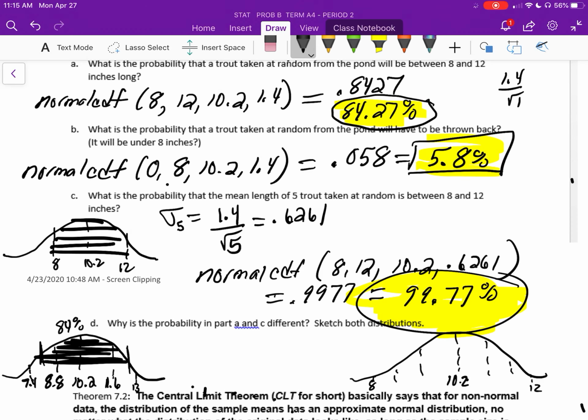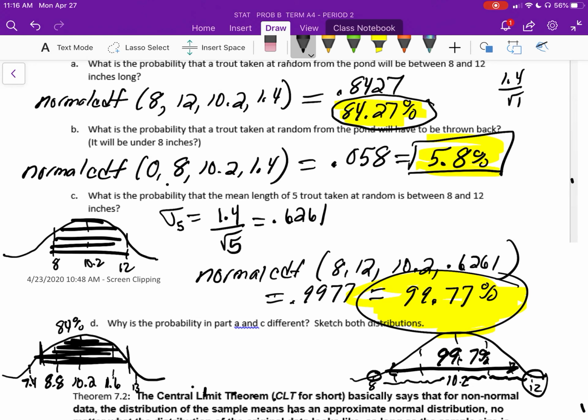So since I'm adding less, it takes me longer to get to 12, and it takes me longer to get to 8, which has the effect of having a higher probability of it falling within that range. So that's why this one added up to 99.7.